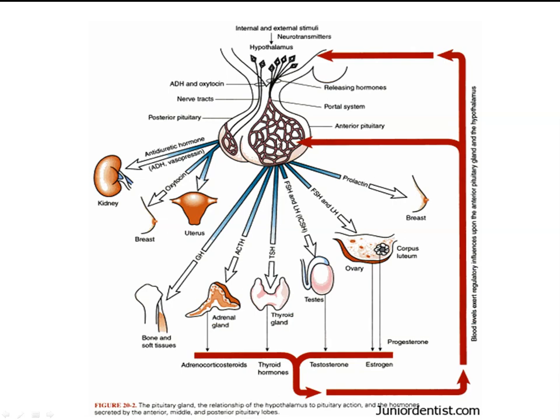Hormones are carried by the blood and regulated by the blood levels, the levels of the chemicals or hormones in the blood. And other substances all regulate the release or the lack of release of hormones into the bloodstream. So blood levels will determine whether or not a hormone is released.